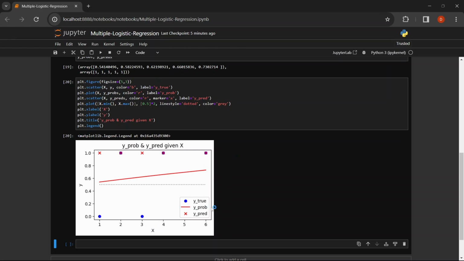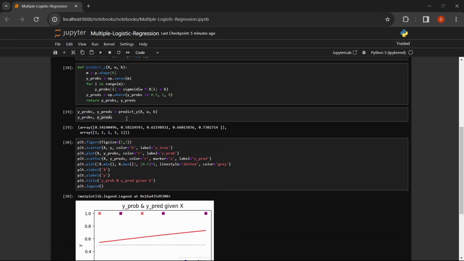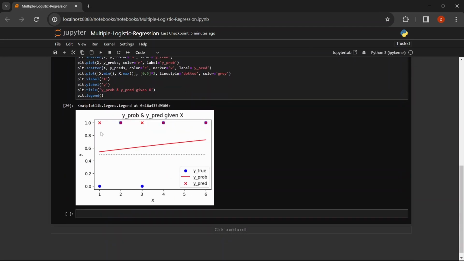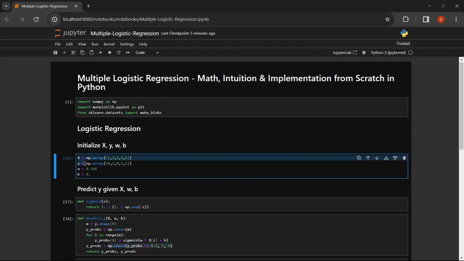And then yprob is the result of our sigmoid function. And then ypreds is what we actually calculate in the np.where, where we collapse it to either 0 or 1. And this graph might be a little bit difficult to see, so let's actually update these values so that we can have some better visualizations.